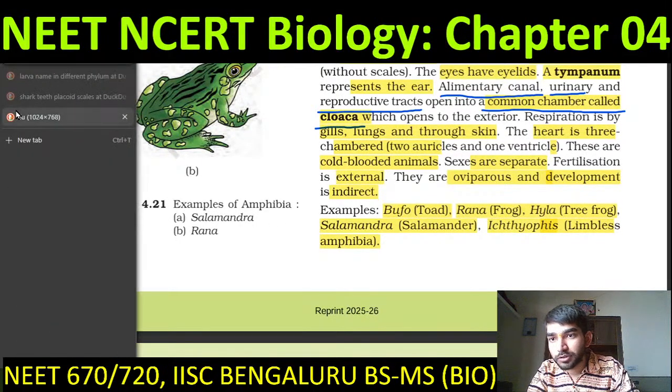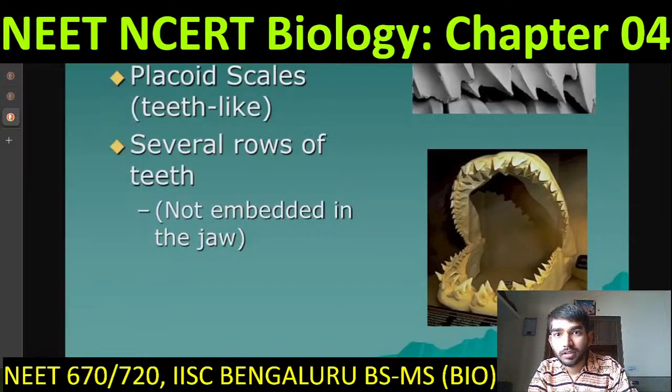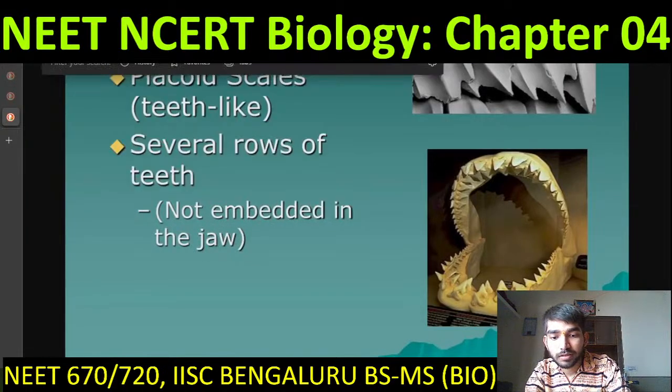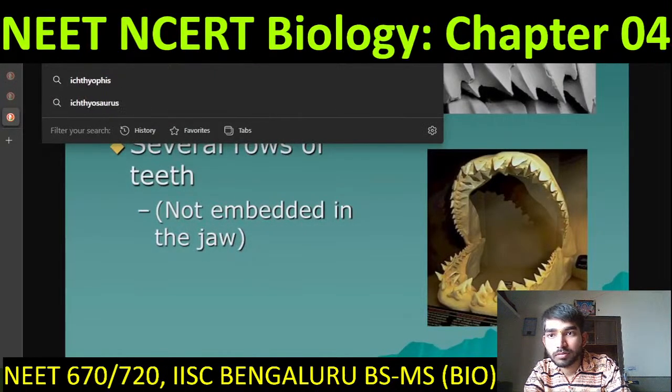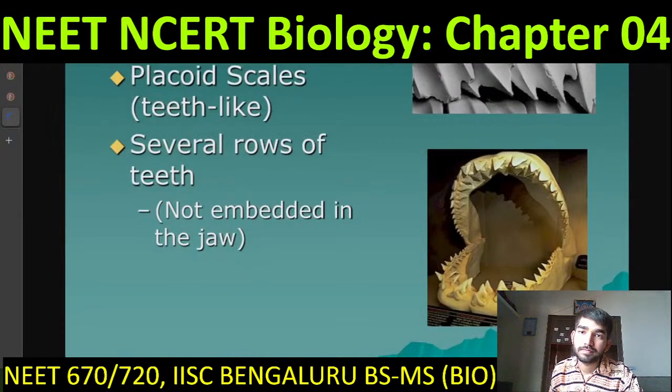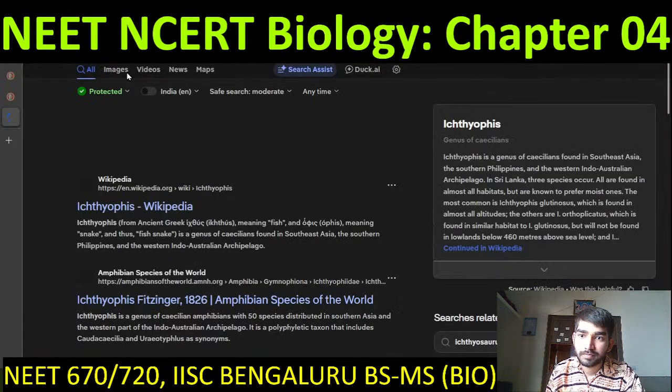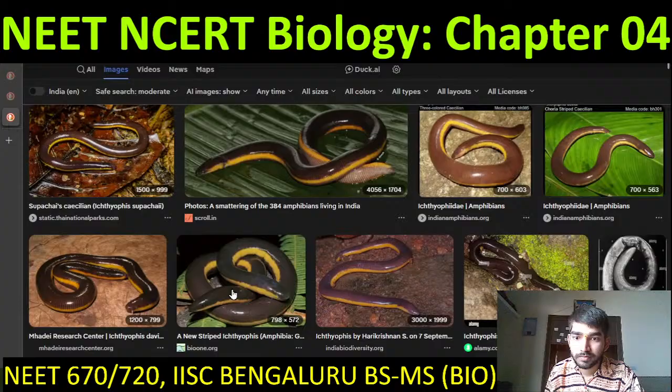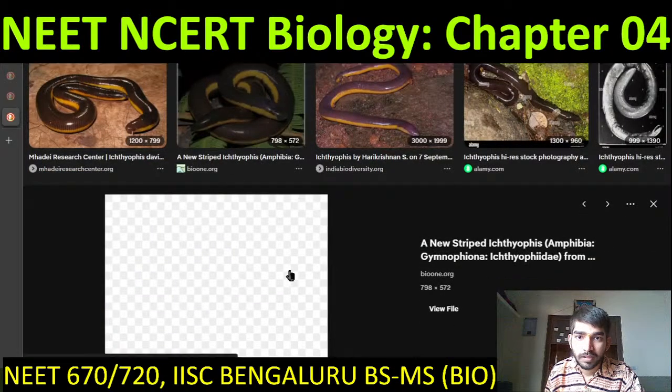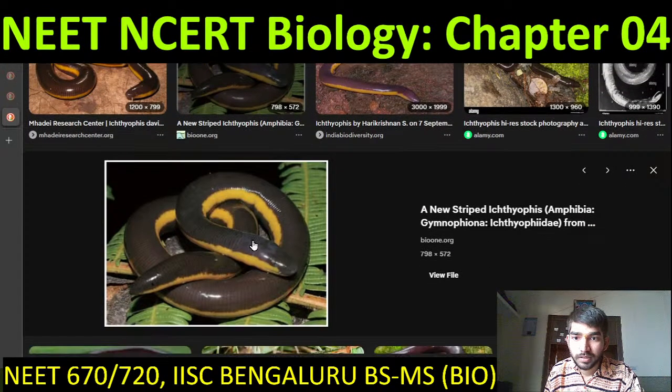Let me also try to show it if it is loading properly. Ichthyophis. Here it looks like a snake, but it is actually an amphibian.